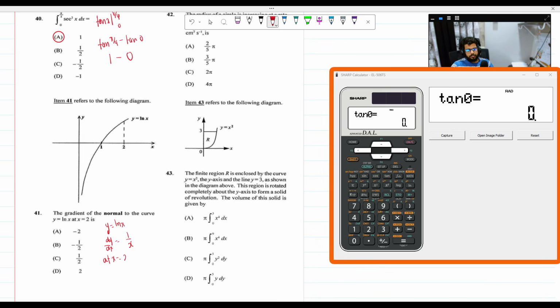At x is equal to 2, the differential is a half. This is the gradient of the tangent. For the gradient of the normal, flip this and change the sign. So I'll get minus 2.